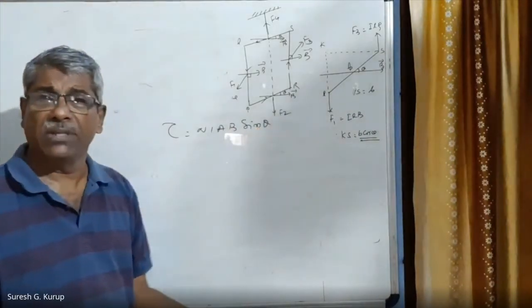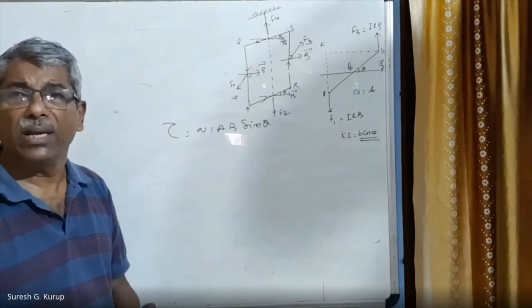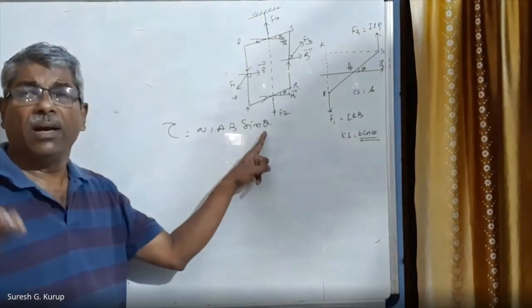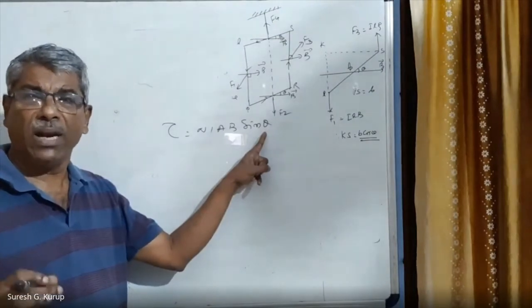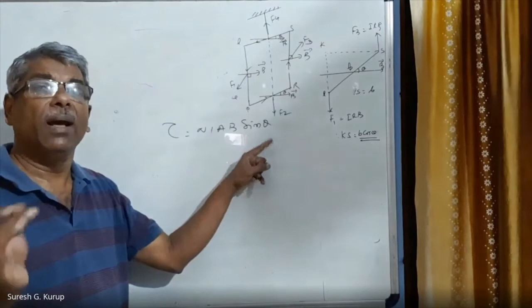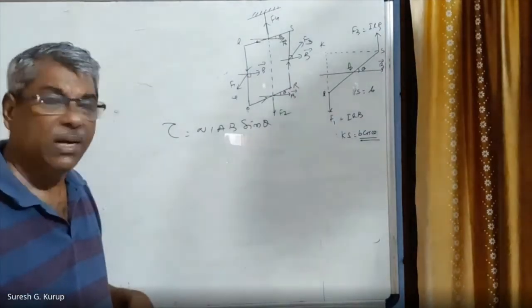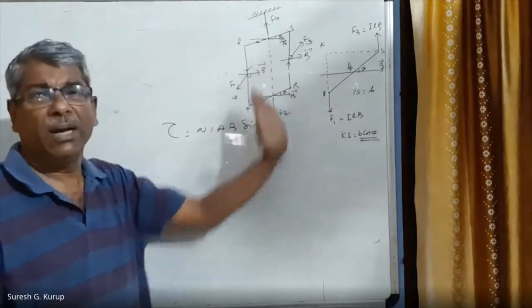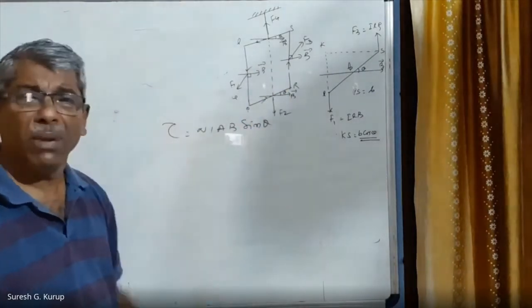I can write NIAB sin theta or I can also write NIAB cos theta. In this case, theta is the angle between the perpendicular placed on the coil and the direction of the magnetic field intensity. So this is the torque acting on a current carrying coil when placed in a magnetic field.